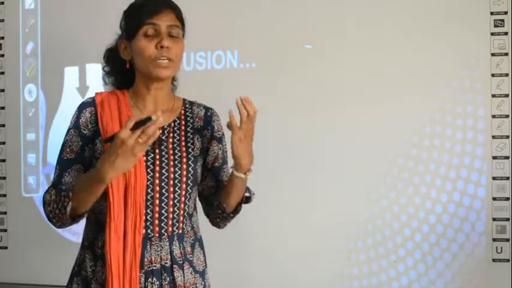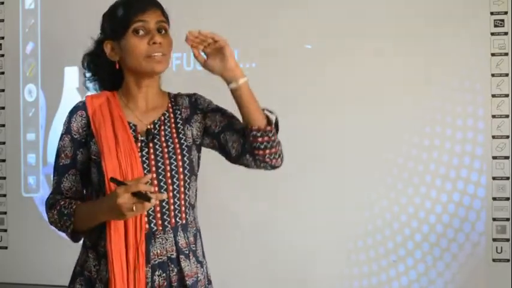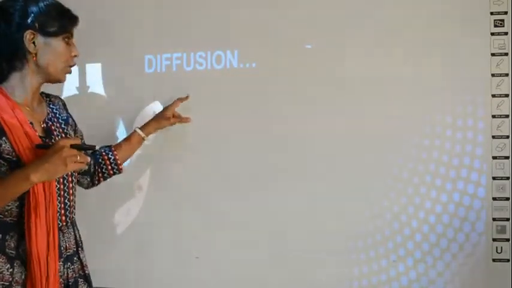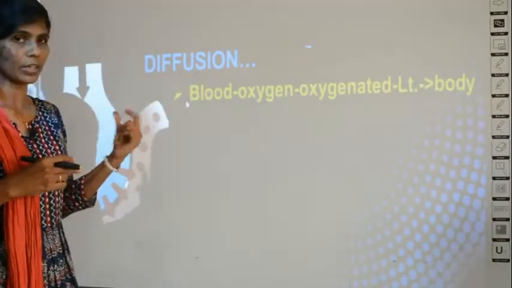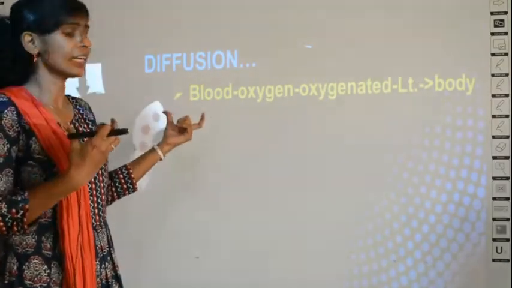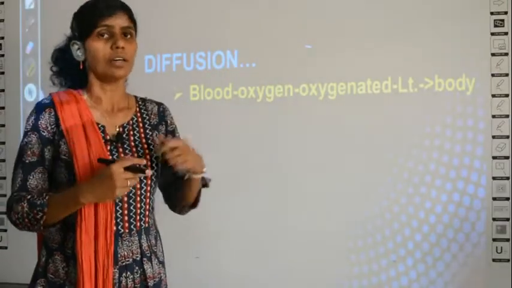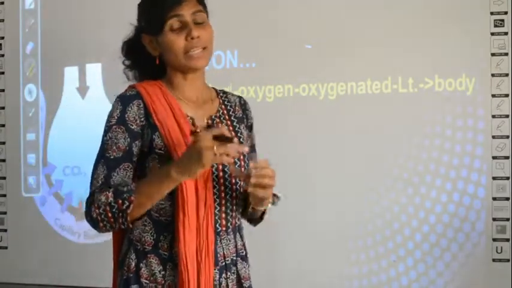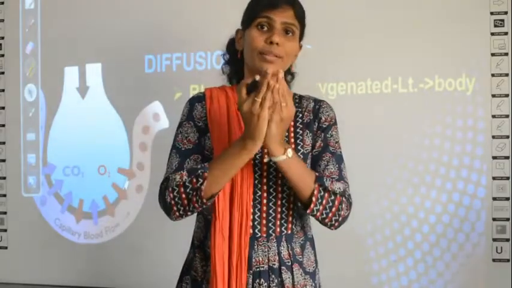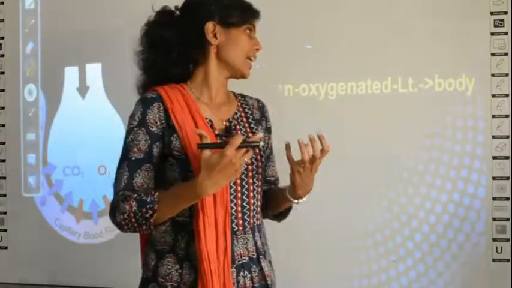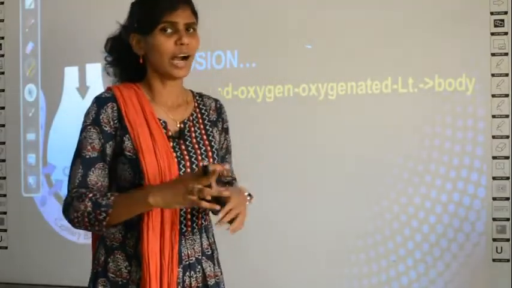Diffusion is the movement of gases from a region of higher concentration to a region of lower concentration. Okay, and one more concept you have to know is that blood with oxygen is called oxygenated blood. If your blood has oxygen, then that blood can be called oxygenated blood.